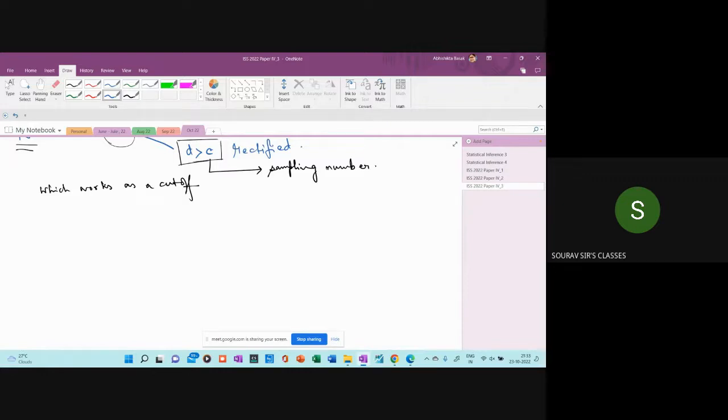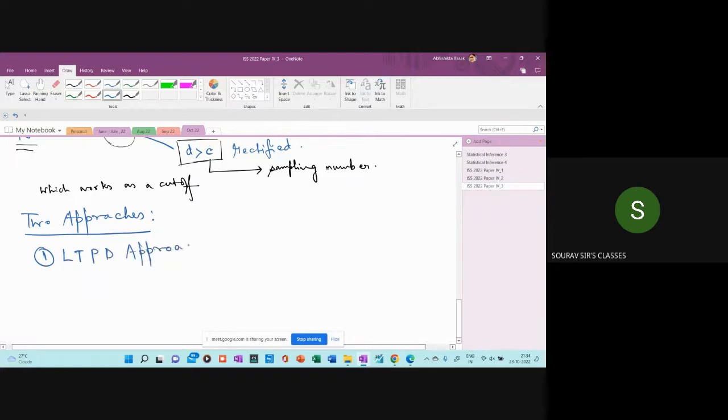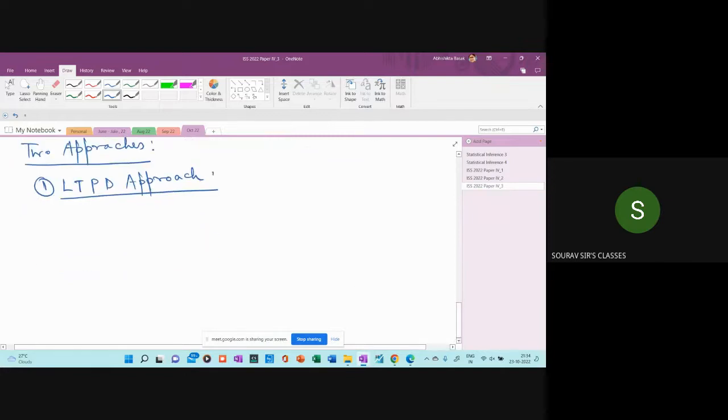Okay, so we have two approaches for that. The first one is the LTPD approach.